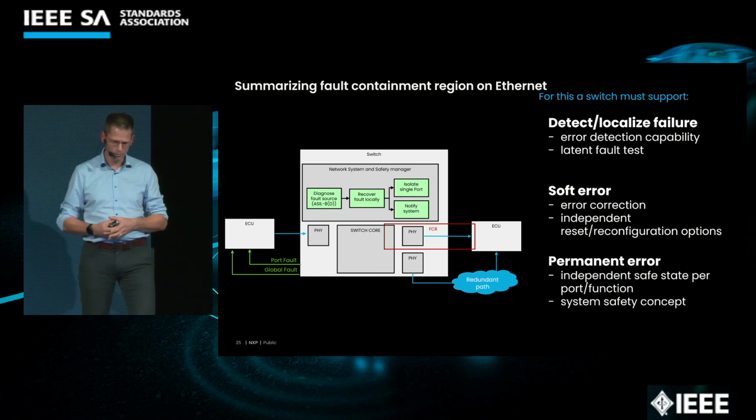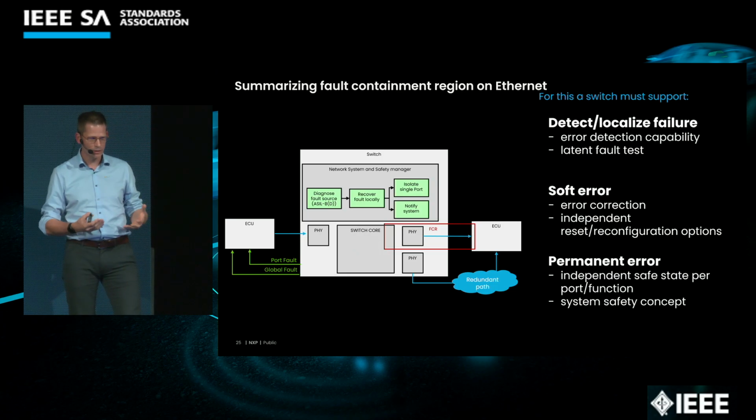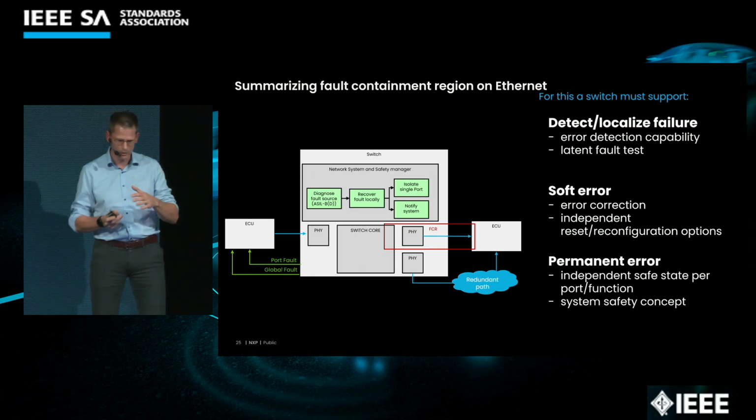And then on permanent errors, to have local safe states for the different parts and not one global safe state of the device. And for this you need the whole system safety concept to say which parts I can switch off and which part is affected, because you also need to consider in your redundancy which parts can be used for redundancy and which ones have a dependency in the network or in the device.